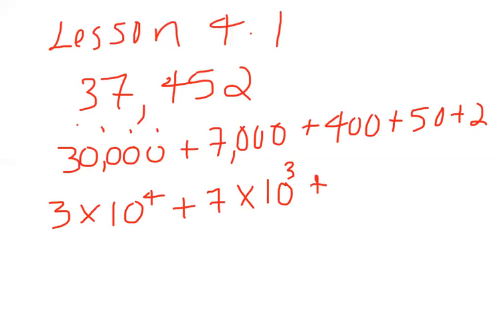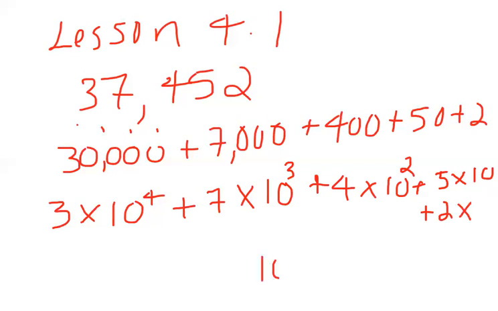Now, what you will start noticing is that the powers of 10 are moving in descending order, as in 4, 3, 2, and of course the next one is going to be the 1st power. But do we really need to put the 1st power there? Nope, we don't. And then last but not least, the 2 is times 1 rather than 10 to the 0 power, because 10 to the 0 power is equal to 1.